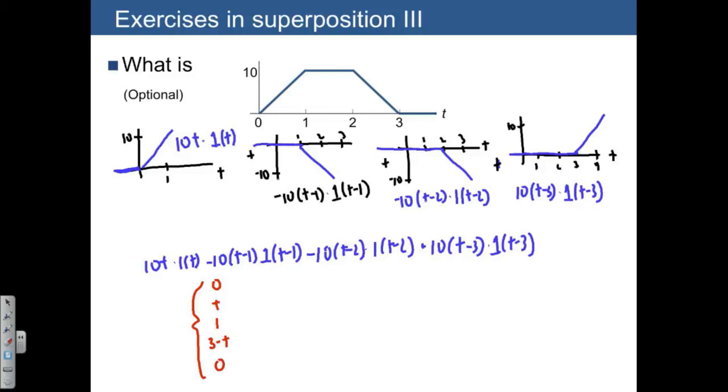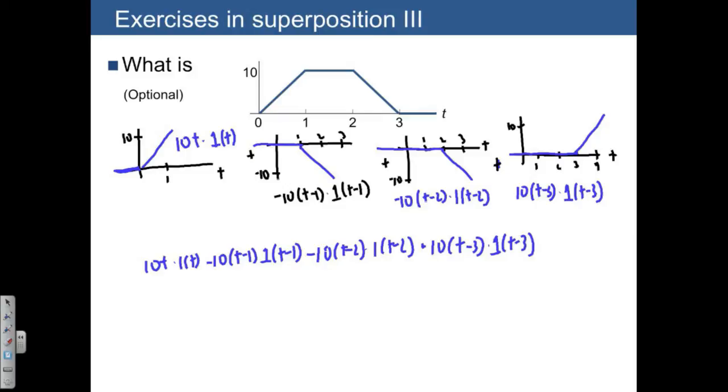This is for time before 0, time between 0 and 1, time between 1 and 2, and then time between 2 and 3, and then finally anytime greater than or equal to 3.